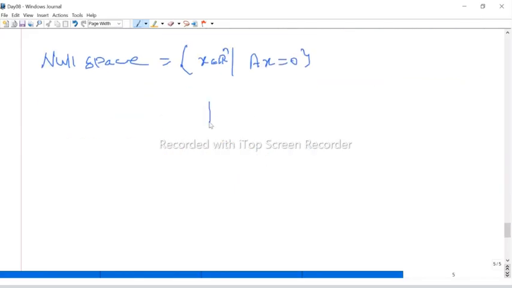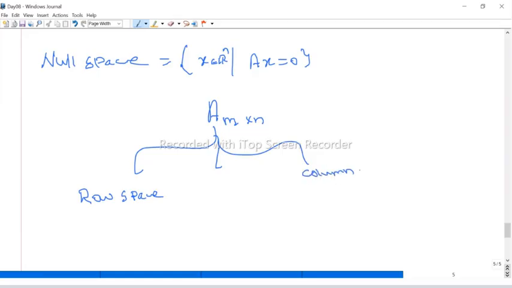Suppose A is an m by n matrix, then we have three subspaces. One subspace is the row subspace: using the rows we span a subspace, and we call it the row space. Then using the columns of the matrix, we can generate a subspace. That subspace is called the column space. And then collecting the solutions of the equation Ax equal to 0, that forms a subspace. That subspace is called the null space.